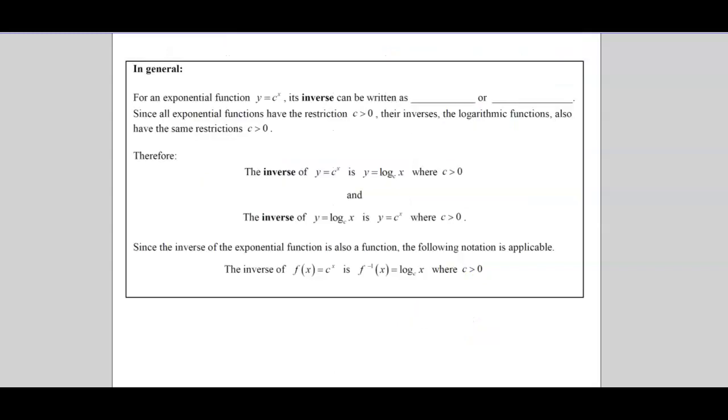Okay, so in general, folks at the back, for an exponential function y equals c to the x, its inverse can be written as x equals c to the y, or y equals log base c of x. Since all exponential functions have the restriction that c, the base, has to be greater than 0. Also, really, we didn't put in here, but c shouldn't be 1. I'll just put it here.